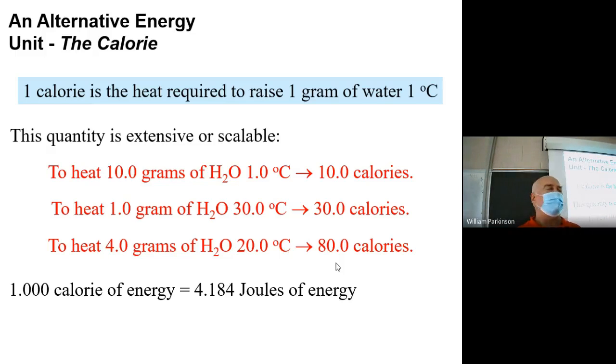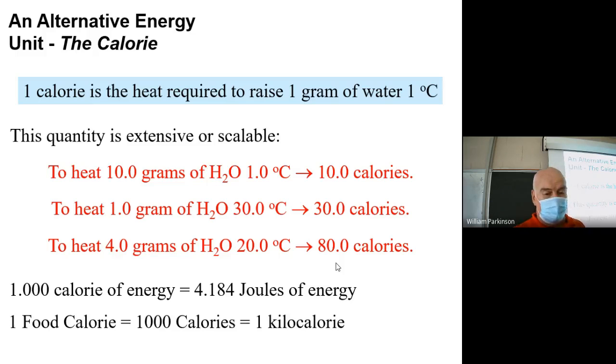Now, it turns out that this is still too small of an energy unit, particularly if we're going to gauge hamburgers or a donut or any kind of food content, how much motion energy we can get out of it.